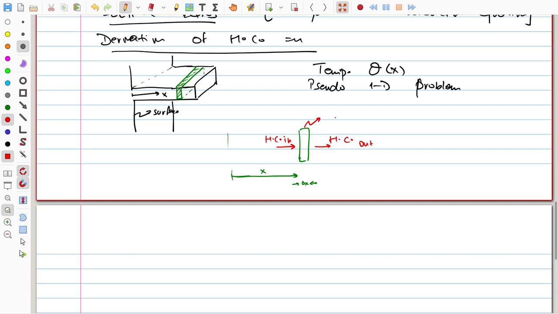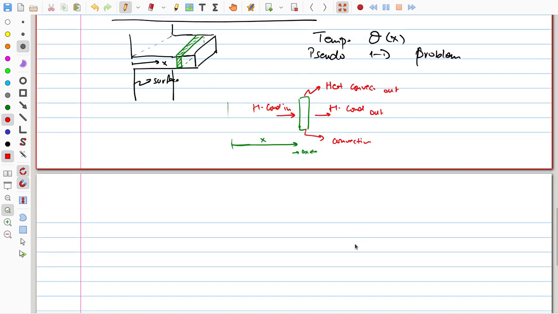You want to increase the surface area, and that heat loss from the surface is something called convection. Right. So, convecting out from the surface.